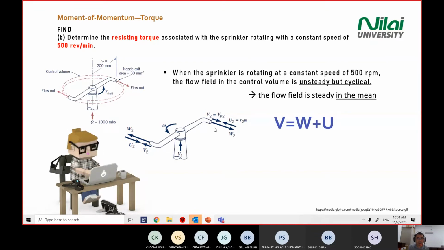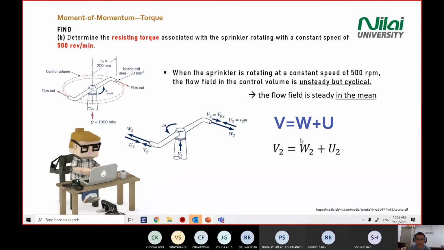Recall the relationship between these three vectors: V equal to W plus U. In this case, if you write V squared equal to W squared plus U squared, this is the blue color equation. This is a general equation, applied between absolute, relative, and the reference.